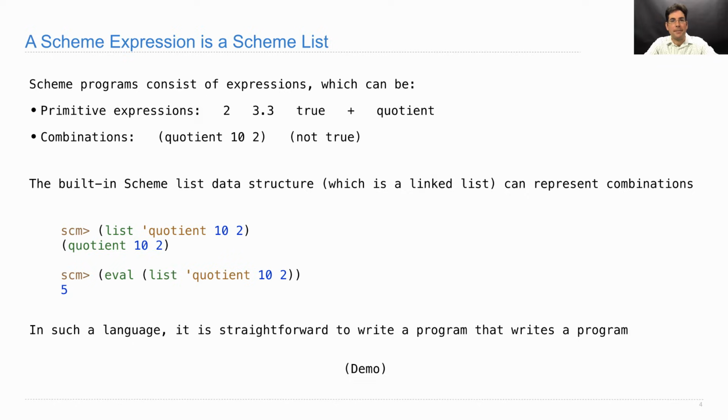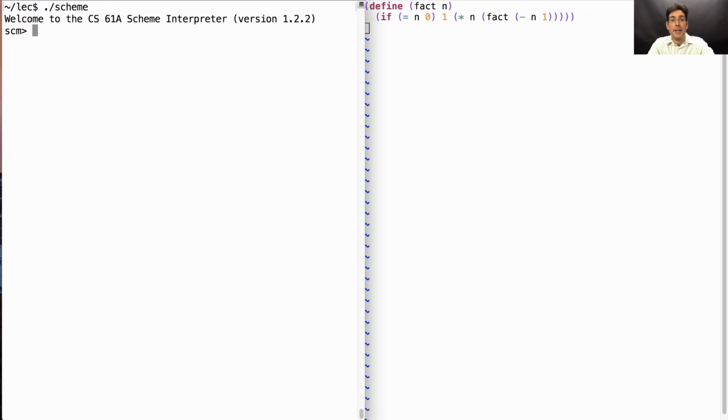Let's do that now. So I'll start up Scheme, and if I write an expression that evaluates to a value, that's pretty straightforward. If instead I list out all of these things, this is the procedure that pluses the number 1 and the number 2, then I'll get a list of those pieces. But this is not Scheme code.